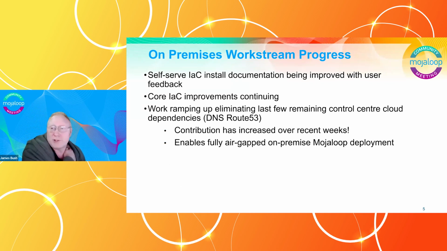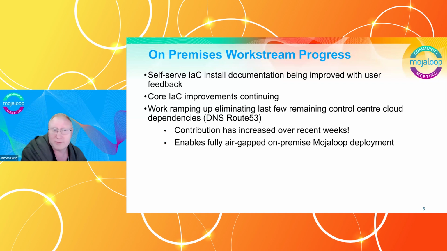The core infrastructure as code is constantly being improved, and there are some significant changes that happened over this PI, and that will be ongoing. We have recently brought some more resource into this work stream, some more engineering resource.